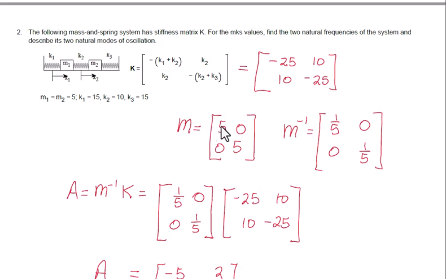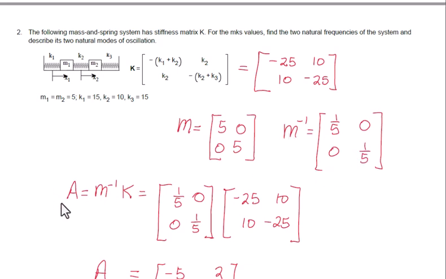My masses have 5, 0, 0, 5. So this is easy to find the inverse. It's the reciprocal of the diagonal elements. And you can verify that these work if you multiply the two together. You do get the identity matrix.